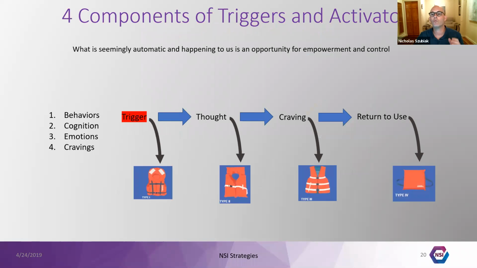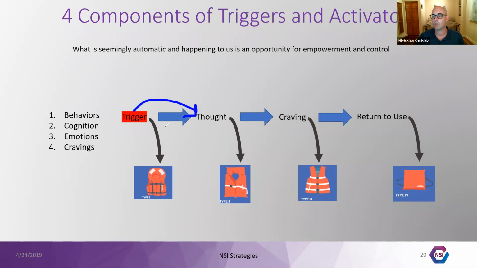And so, talking about triggers and activators, there's 4 components to our triggers and our activators. There's behaviors, there's cognition, there's emotion, and there's cravings. And so here is our trigger. And to this concept that we're talking about, in these areas is an opportunity for us to intervene. So we have our trigger. And typically what happens is that generates a thought.